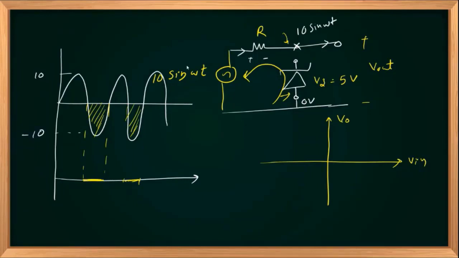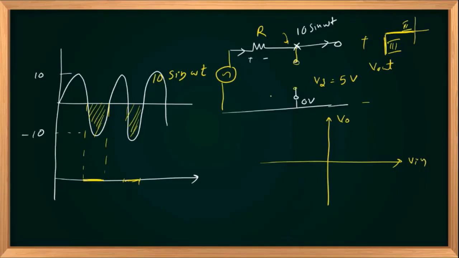If 10 sin omega t is positive, we'll have 2 options. One option is that the diode will be in reverse mode before breakdown, region number 2, or reverse biased breakdown, region number 3. If it is in region number 2, it acts as an open circuit because the current flowing through the diode is 0 amperes.